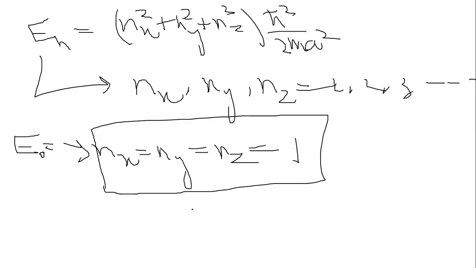We know the ground state of a system has minimum energy and maximum probability. So the ground state corresponds to nx, ny and nz as 1.